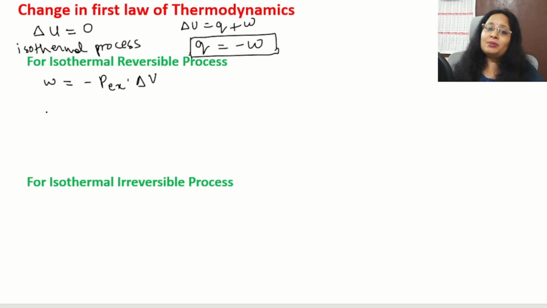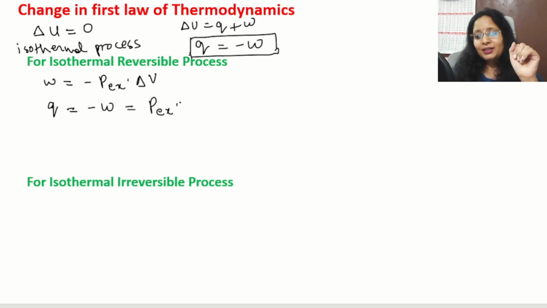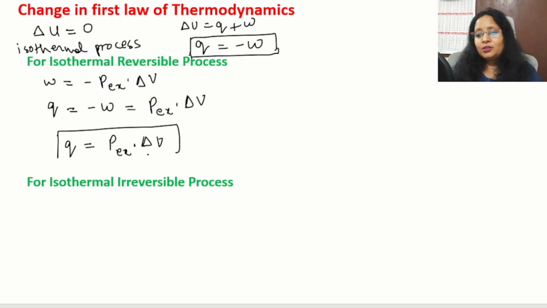For isothermal process, Q is equal to minus W. So here Q is equal to minus W, which is equal to P external into delta V. The minus will cancel out with the minus. So we can say finally the heat is equal to P external into delta V, and this equation we can use when they ask to find out the heat transfer in an isothermal irreversible process.